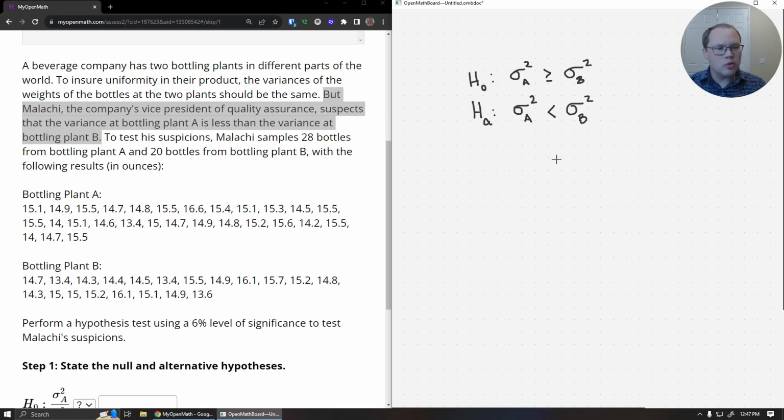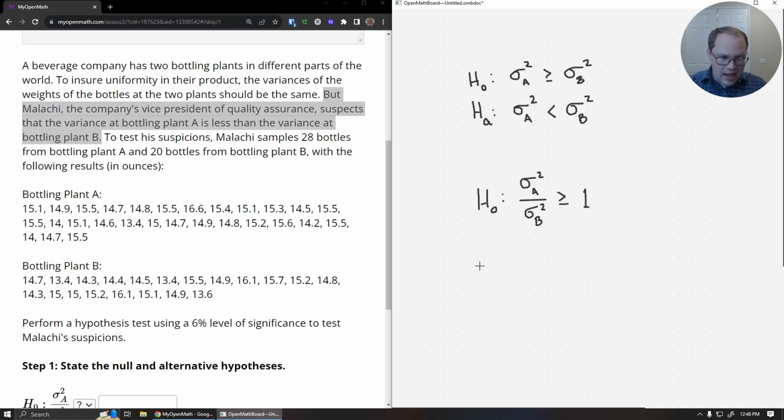So I'm going to divide both sides of each inequality by the variance of bottling plant B, and rewrite my hypotheses in a more useful form. So for the null hypothesis, I get the variance from bottling plant A, divided by the variance of bottling plant B. The inequality symbol stays the same, but on the right-hand side, the variance from bottling plant B divided by itself is just 1.